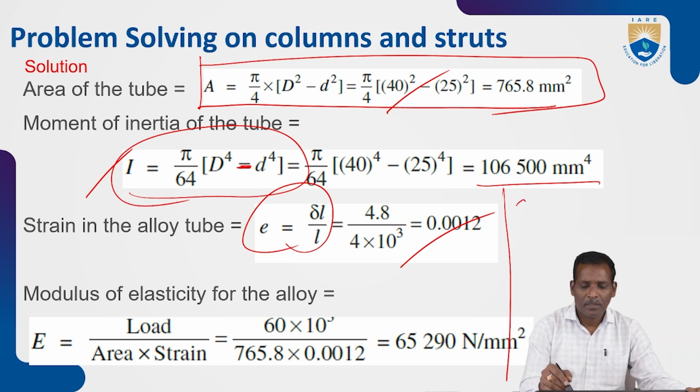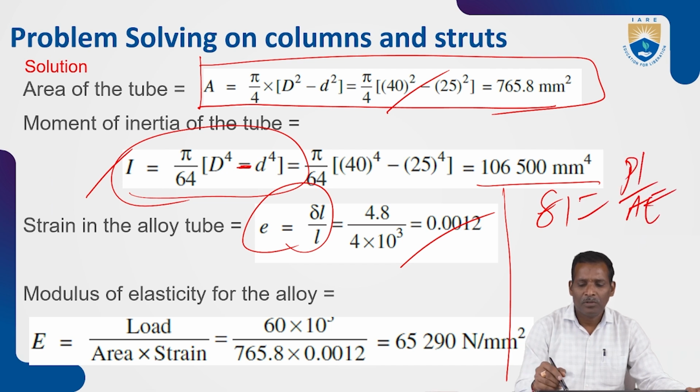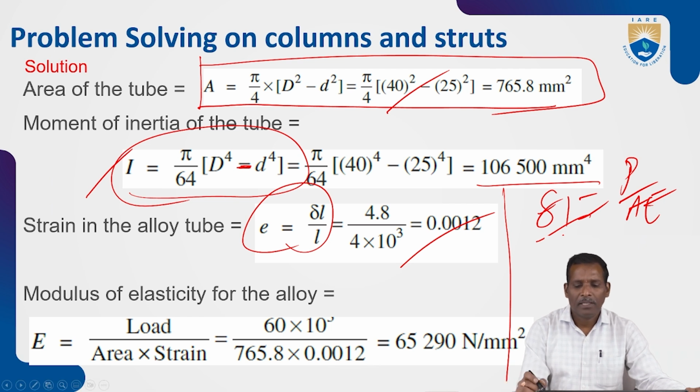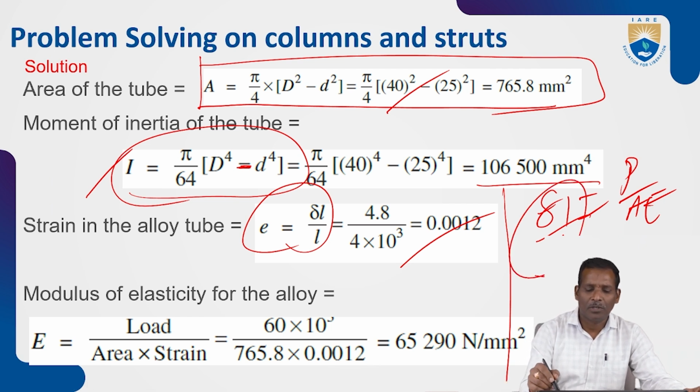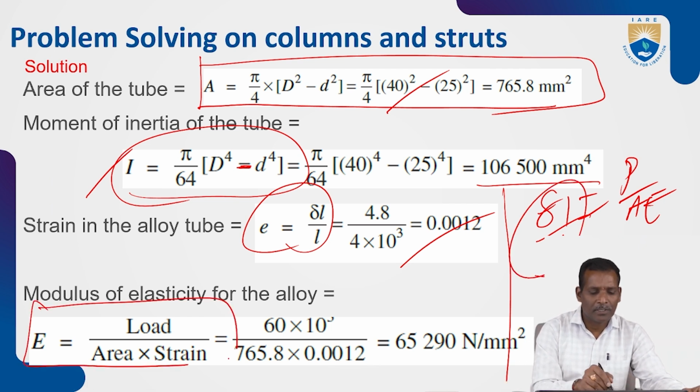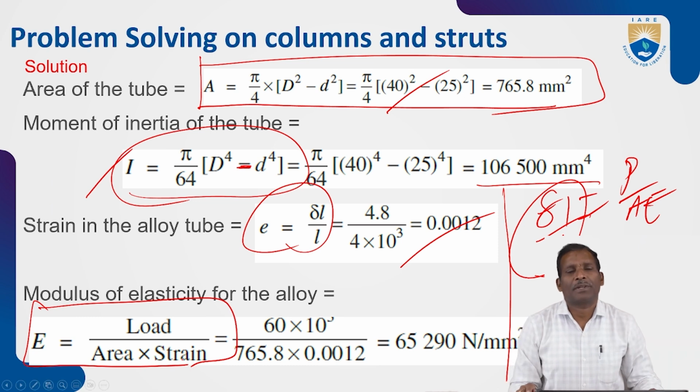So strain, sigma, delta L is equal to PL by AE. So delta L by L is the strain. You can write P by AE. So this E is equal to, you can write this equation, load per area into strain.